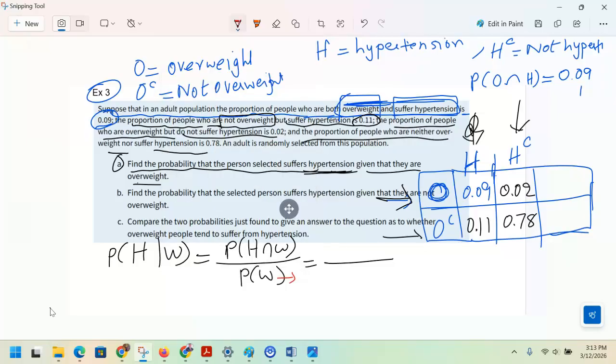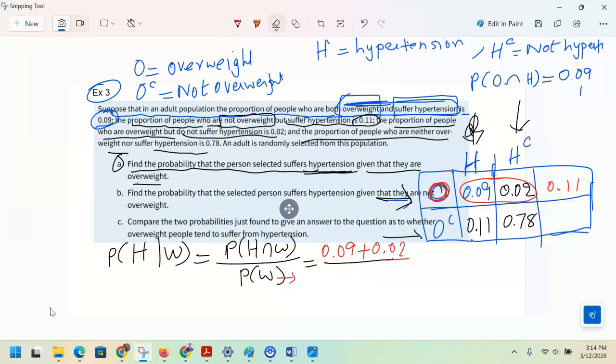You have to say how many are overweight, so I use the red color and use these two pieces, adding 0.09, the first one, and 0.02.